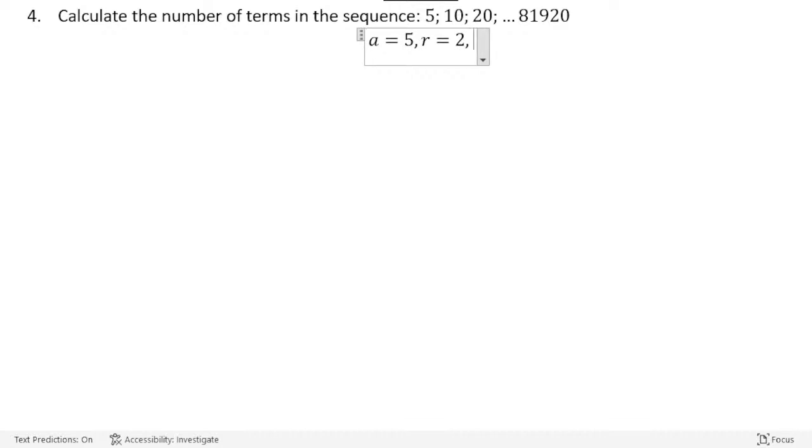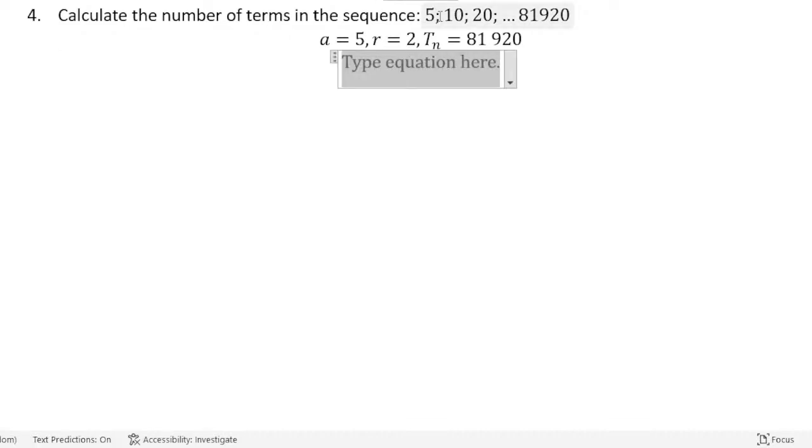Then we have tn is equal to 81,920, right?